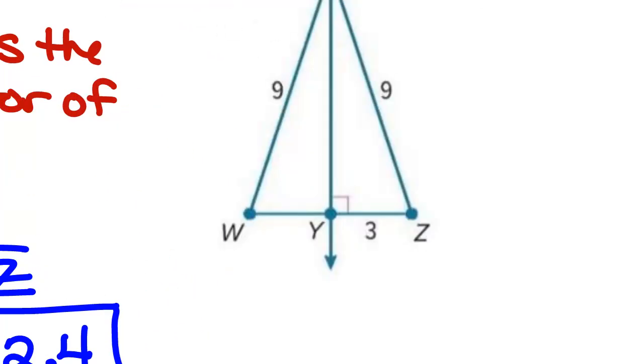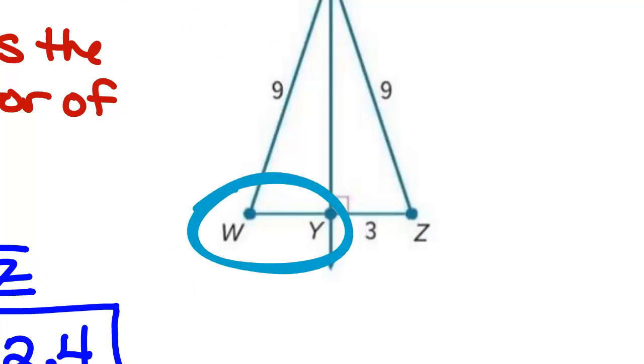Part B, it says that we're supposed to find WY. How big is WY? That I have circled over there on part B. I don't think you're looking at the right part, sweetie. Part B. Over there. 3.